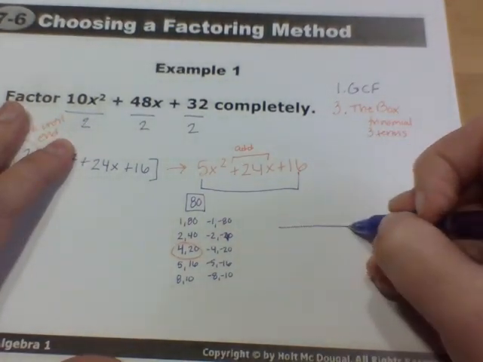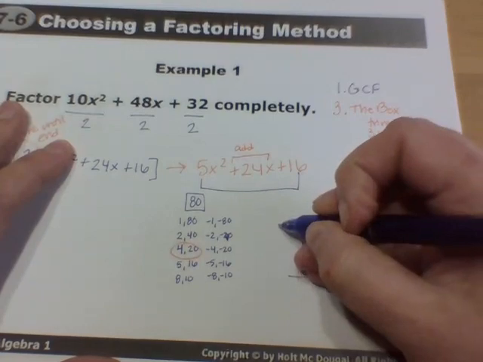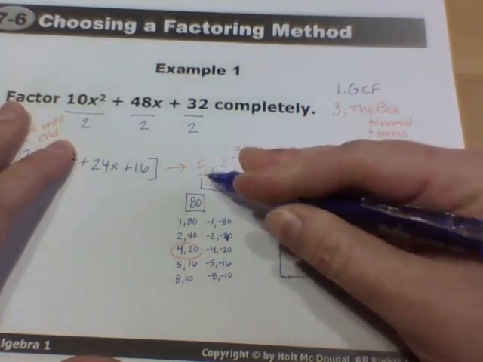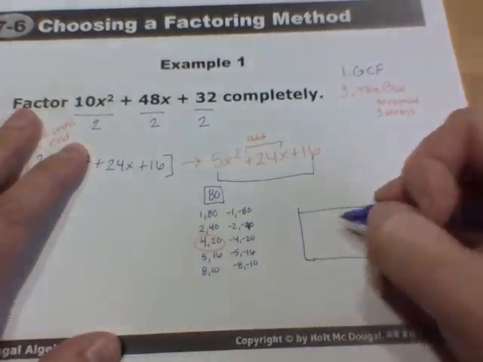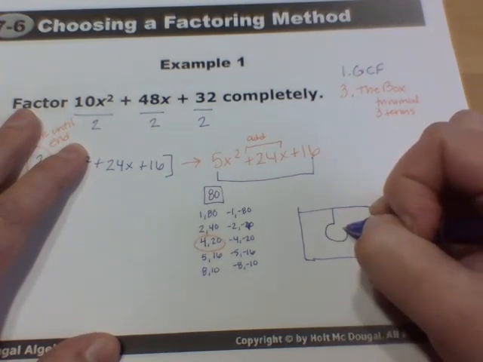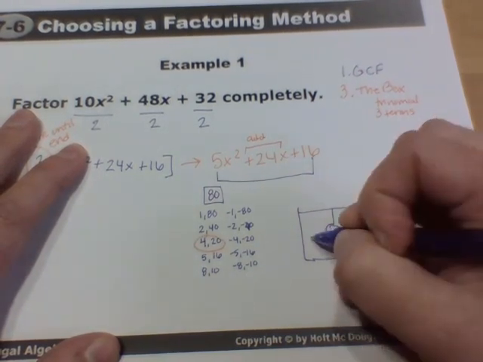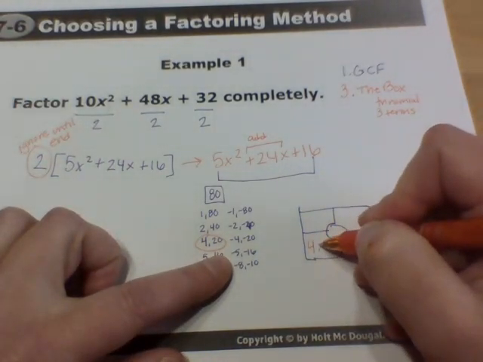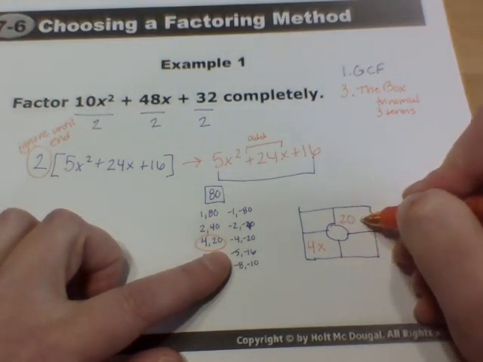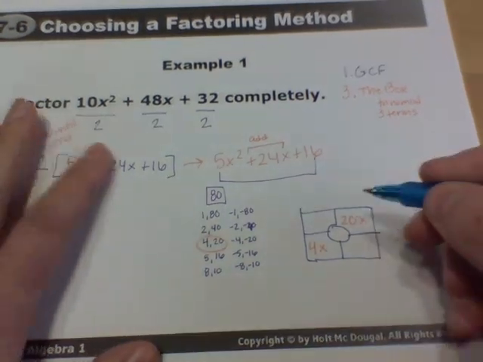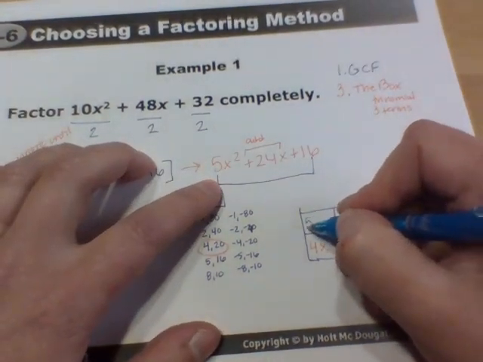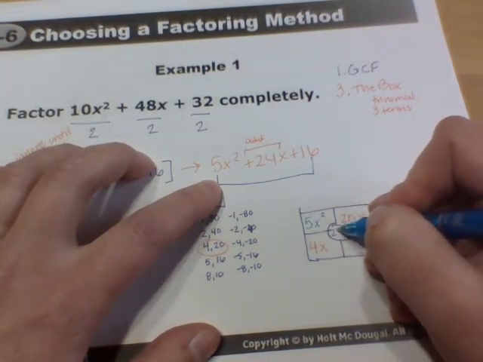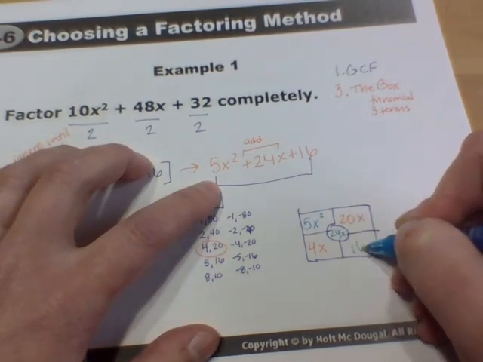If you remember the box that we had from the section where there was a leading coefficient that was an a value versus a 1, we did have this kind of box looking thing here where we put the 4 with the variable and the 20 with the variable, and then diagonally put our original equation of 5x squared, 24x, and 16.